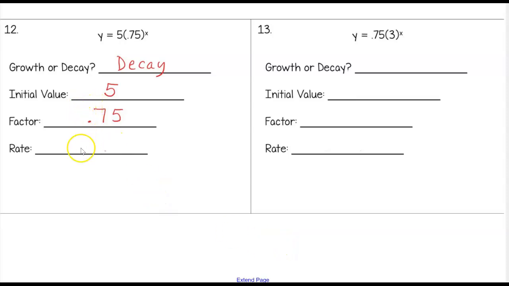Now see if you can find the percent. The percent is going to be 25%. So we have a decay. We're going to take the 1 and subtract 0.75 from it, and that's going to get us 0.25. Move the decimal 2 places to the right, and we get 25%. Let's see if we can do 13.